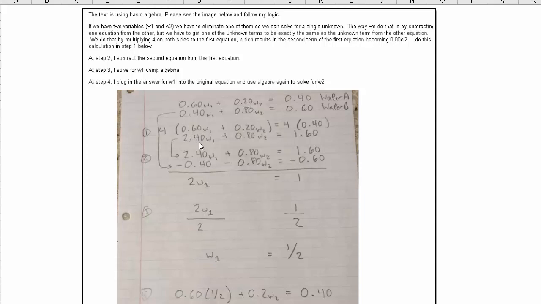That gives me 2.4 W1 plus 0.8 W2 equals 1.6. I bring that down and subtract the second equation from it. Since 0.8 W2 minus 0.8 W2 causes W2 to fall out, I'm left with 2 W1 equals 1. Solving for W1, I get 1/2.